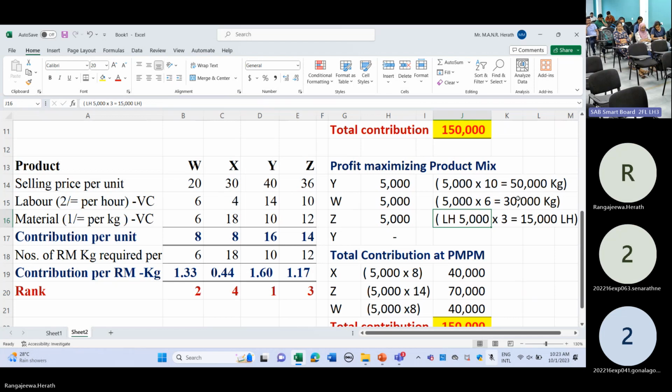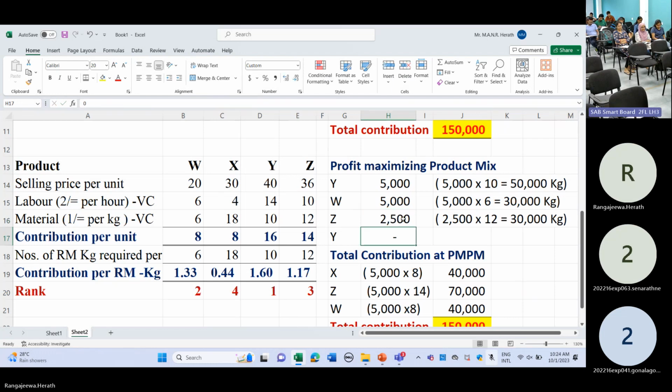Out of the 110,000 total kilograms, after using 80,000 we only have 30,000 left. So with 30,000, we can make 2,500. It should be 2,500, not 5,000.